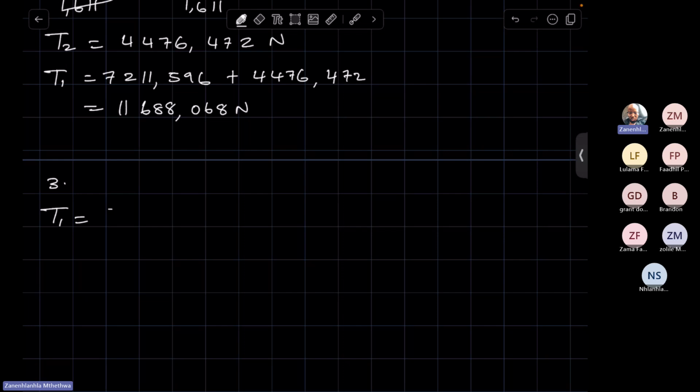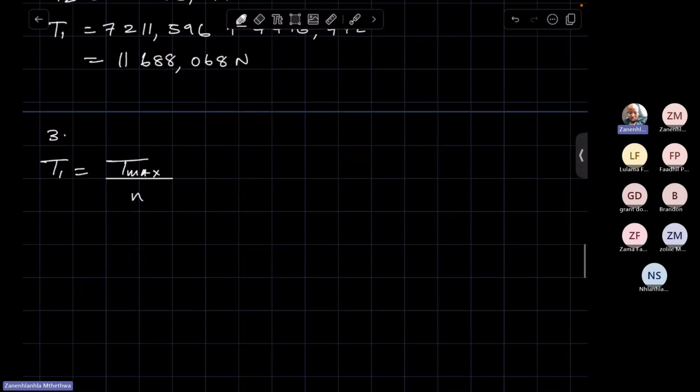Now, the Tmax here has been given to us per ply, so divided by number of plies, right? So now all we do is from this, we solve for n, the number of plies.